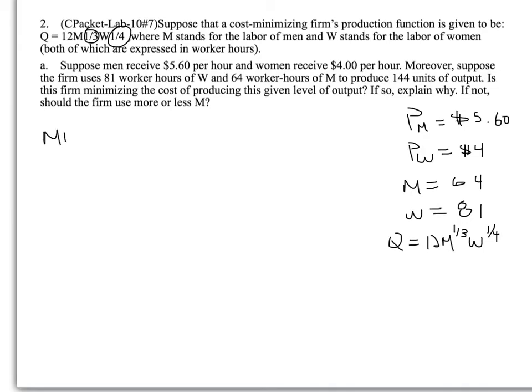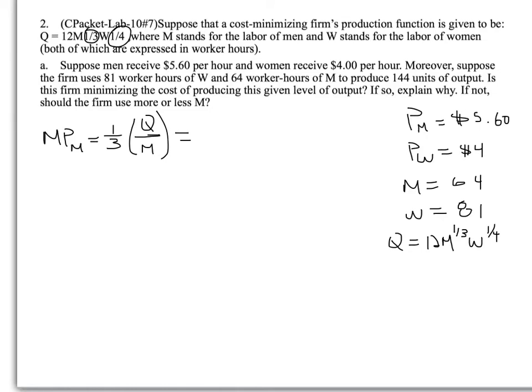The marginal productivity of men, I would start with that, is going to be equal to, using the traditional formulas we have for a Cobb-Douglas production function, the exponent of M times the output over the quantity of men the firm uses at the moment.